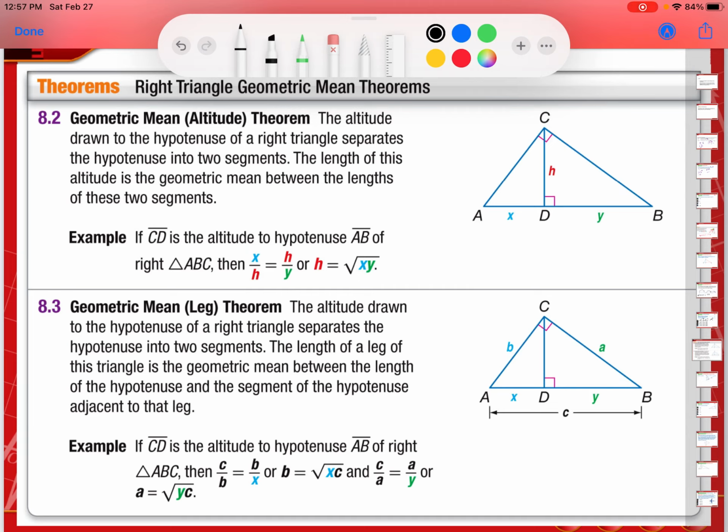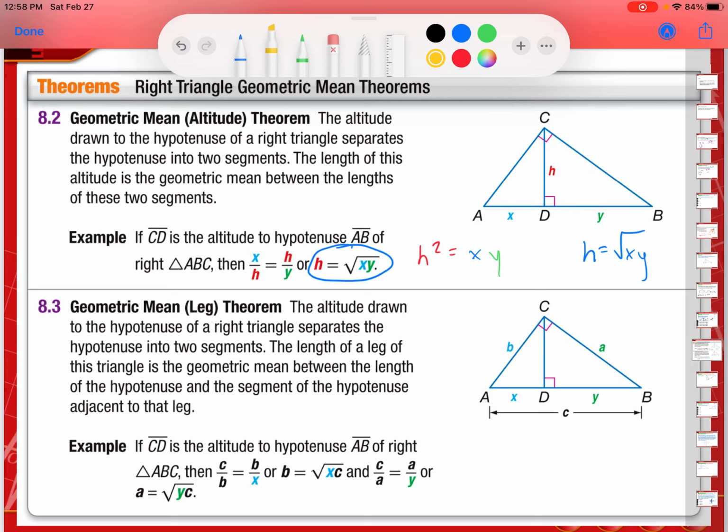So anyway, theorem 8.2, what this one is pretty much saying is that we can set up a proportion that says x over h equals h over y, which is essentially saying h squared equals x times y, which we could of course simplify further to say h equals the square root of xy, as they did here.